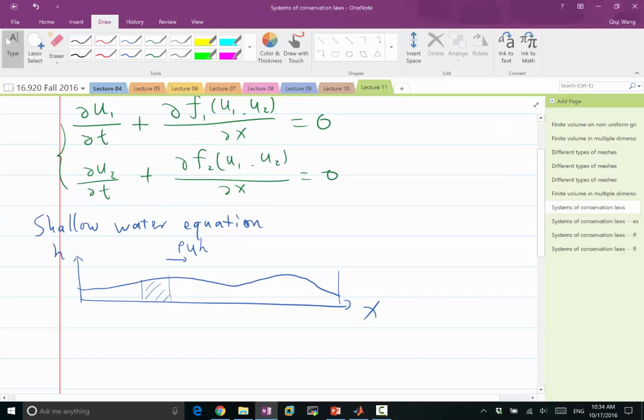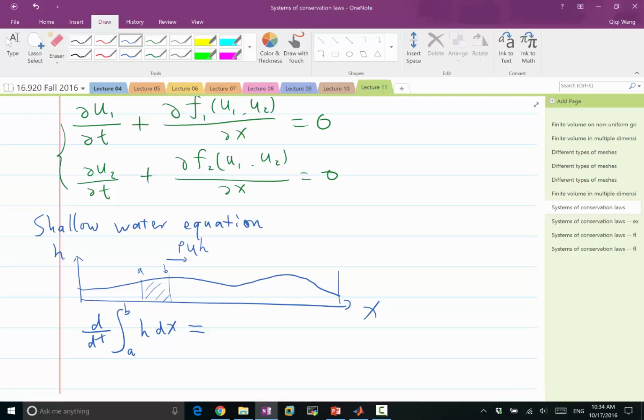And we can see how the flux of each quantity is going to be a function of the other quantity. For example, in order to derive this equation, it's actually a lot easier to derive it from the integral form. So d dt of the integral over a and b of h times dx, which is the total amount of volume, or total amount of water in between a and b, is equal to the flux into the volume minus the flux out of the volume, right?